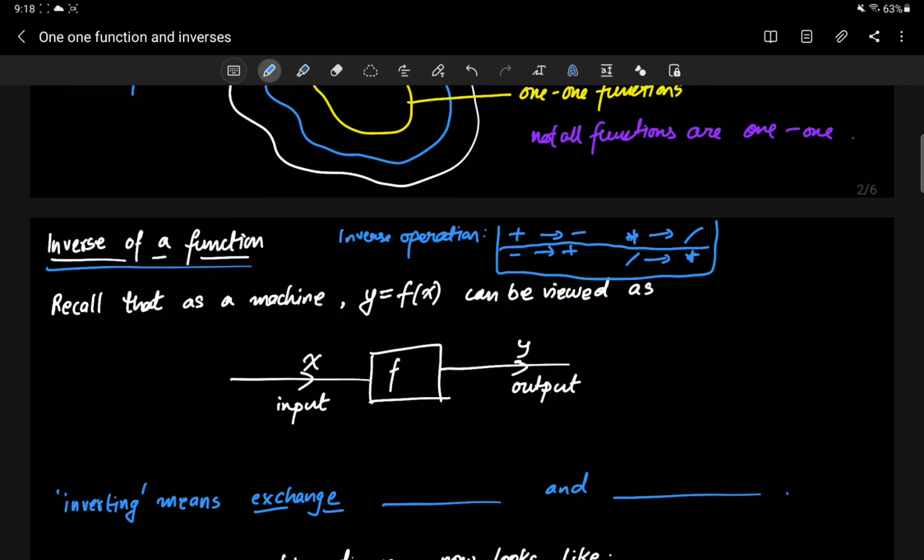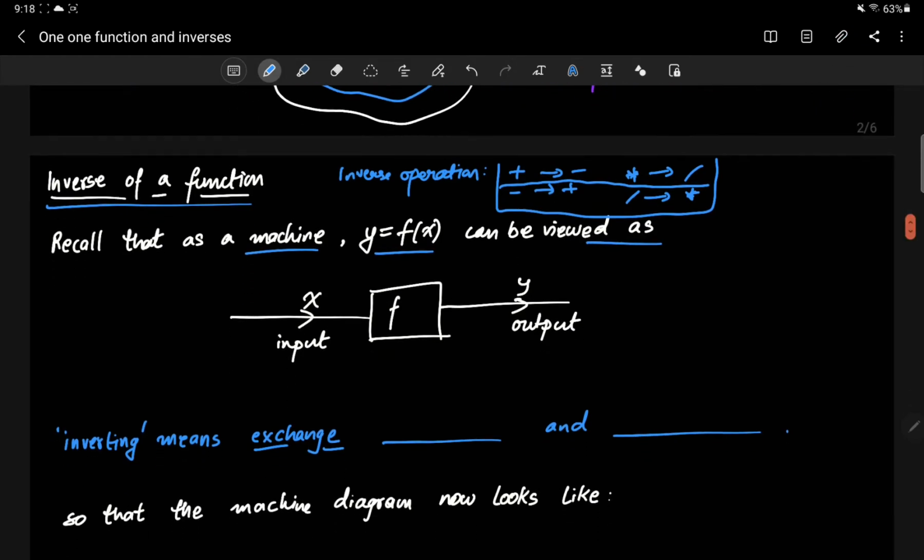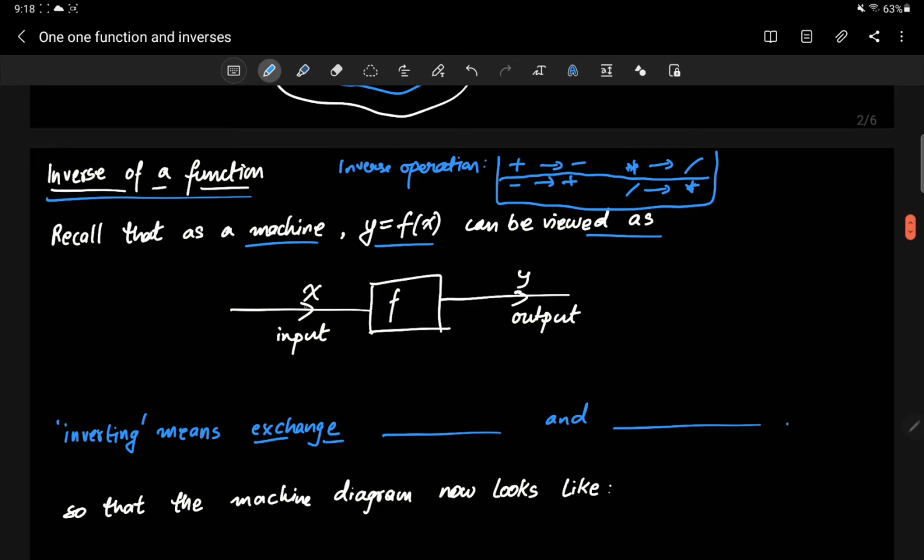Now recall that as a machine, y equals f of x can be viewed as the following diagram. There's a box, there's an input flowing into it. The input is denoted by x and the output is denoted by y. So in this case, we see that the input flows into the function and the function returns an output.